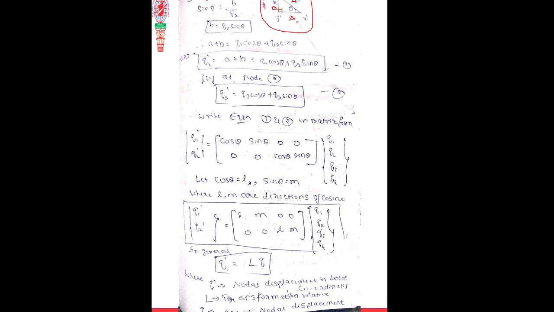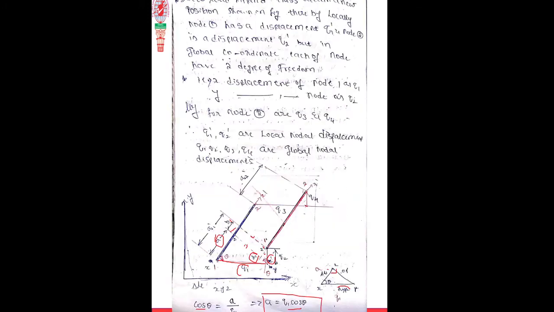Now here I'm going to apply the sine rule. Sine means opposite by hypotenuse. Opposite means here. According to the figure, what is this distance? B. Correct now?